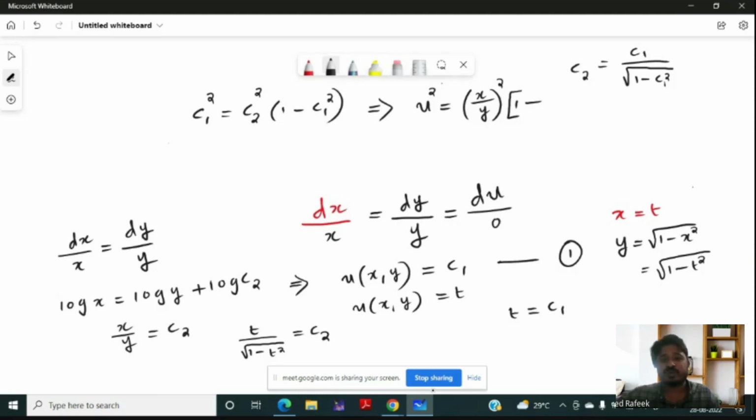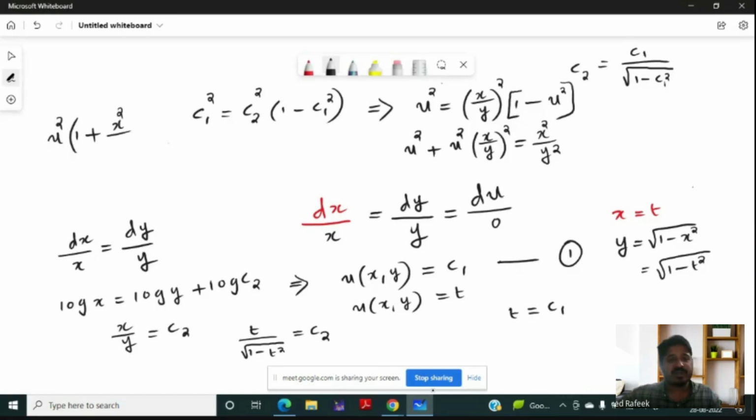Take this side: u square plus u square into x by y whole square is equal to x square by y square. So u square into 1 plus x square by y square is equal to x square by y square.